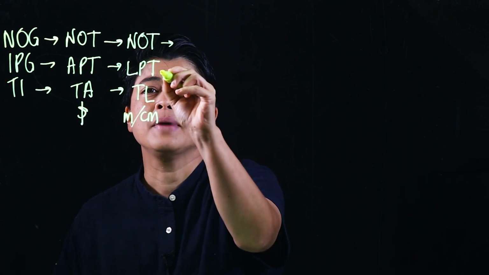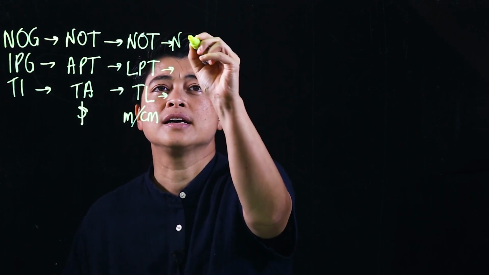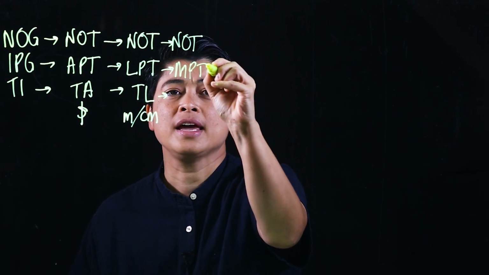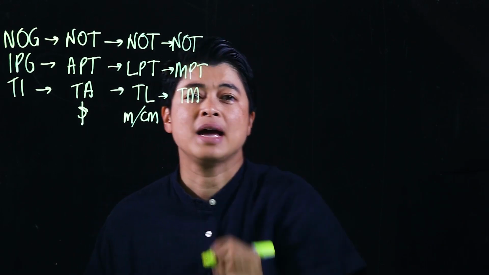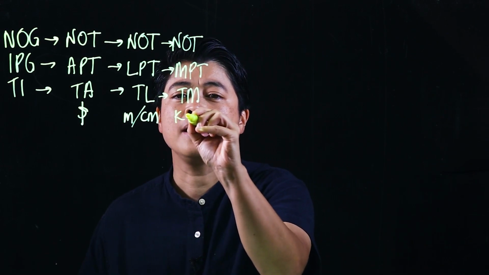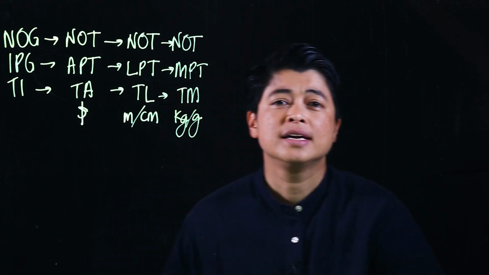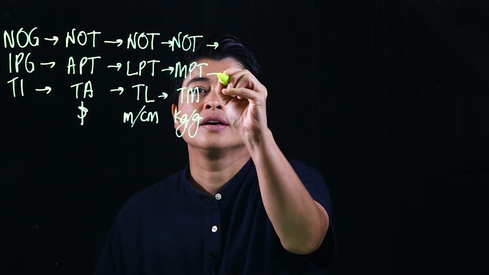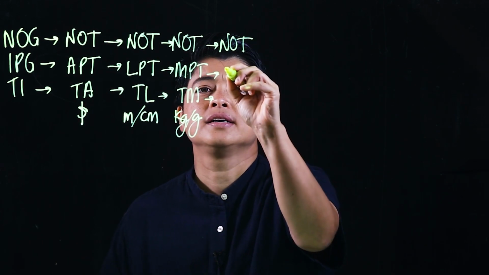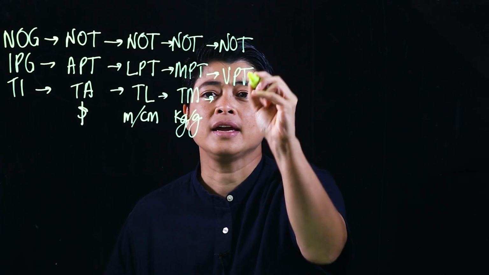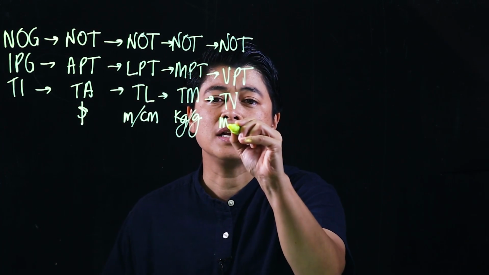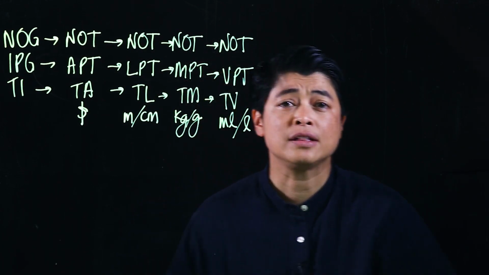When dealing with mass, this is number of things, mass per thing, and total mass. The unit of measurement here would be kilograms and grams. And finally, for volume, number of things, volume per thing, and total volume. So this will be our milliliters versus our liters.